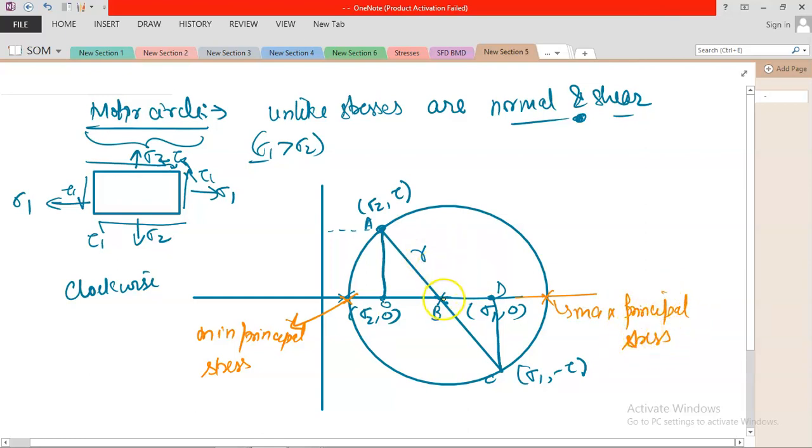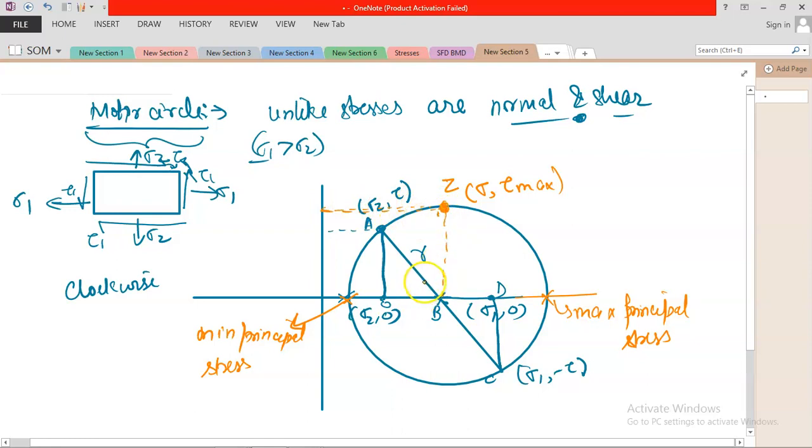And this point, suppose it is cutting at point Z. At Z the coordinate is, suppose, sigma comma tau. Then the tau is tau max. Here we have the maximum shear stress, because you can see that this is at the topmost point.